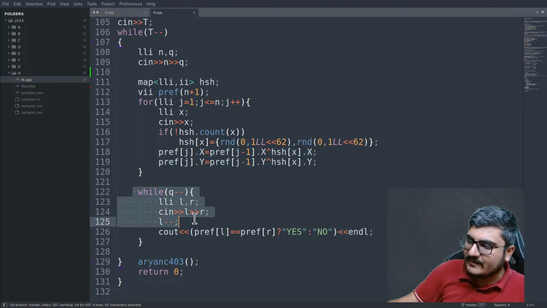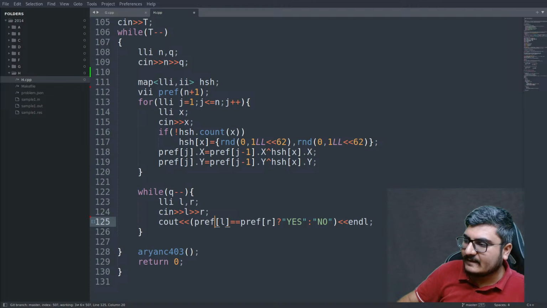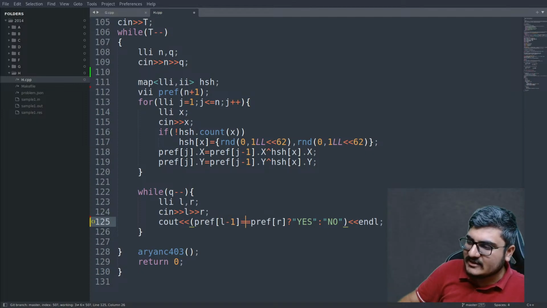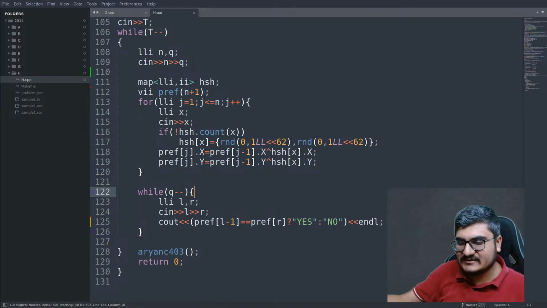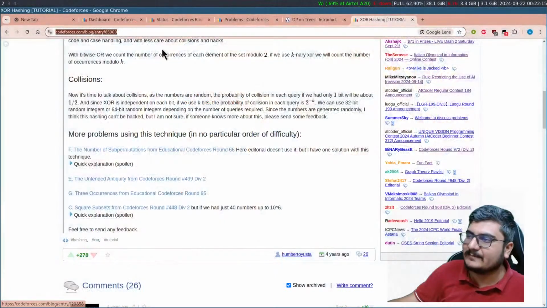Now you have queries from L to R. If prefix of L minus 1 is equal to prefix of R, it means that the XOR of the numbers in the range L to R is 0, so print yes, otherwise print no. And this is in fact the solution for this problem.